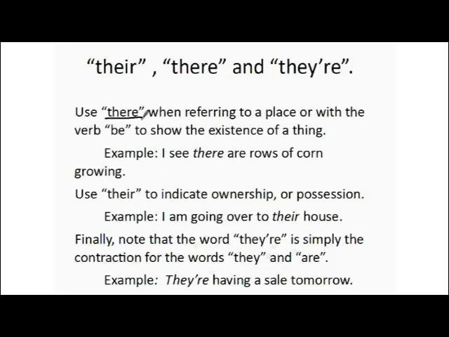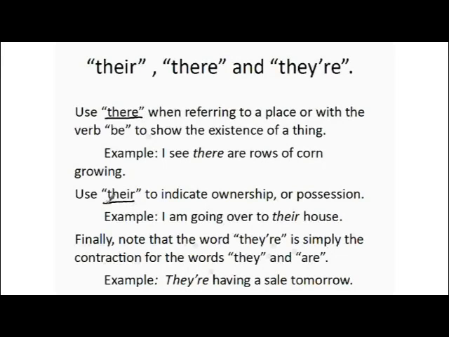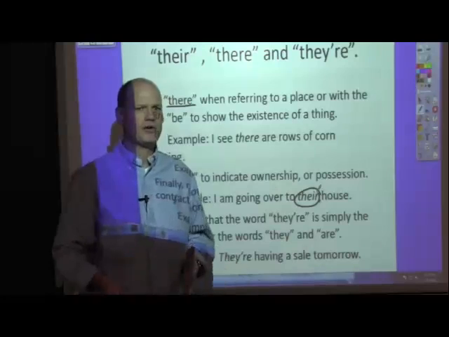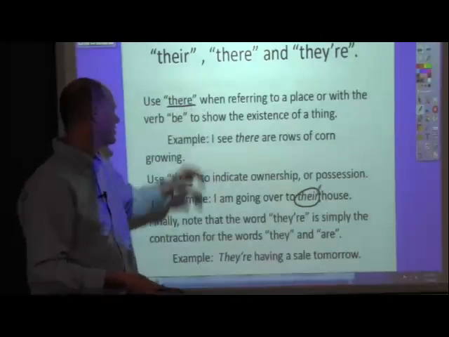I see there are rows of corn, as an example. Okay, now you're using T-H-E-I-R, the pronoun, so that's why it fits into this section, to indicate ownership or possession. I am going over to their house because they own that house. So think ownership, E-I-R. Think place, E-R-E.